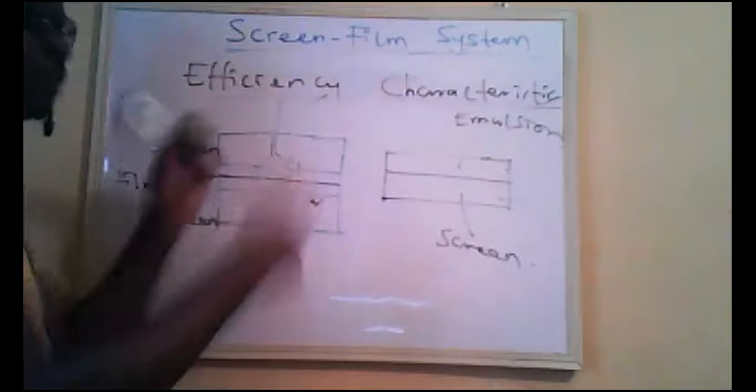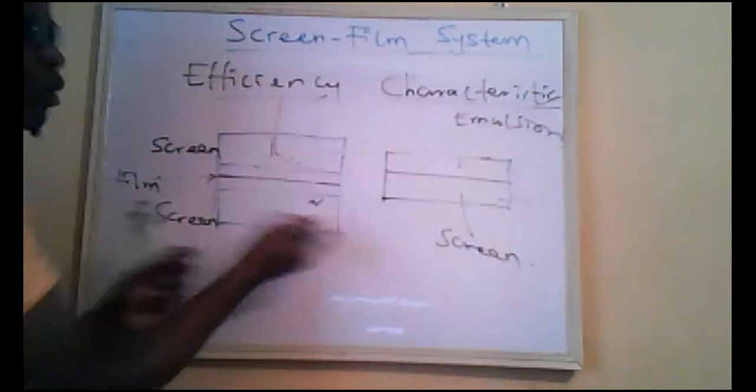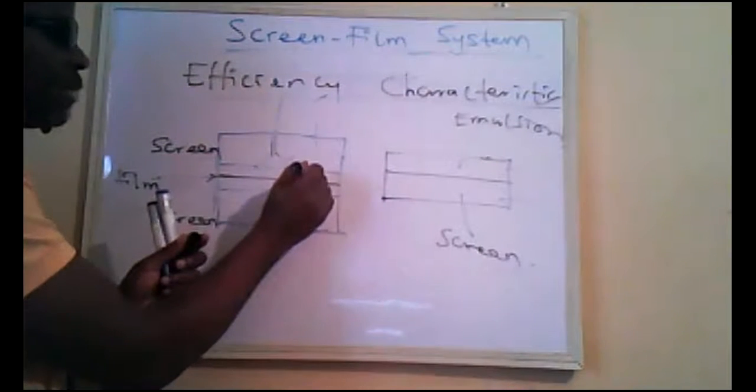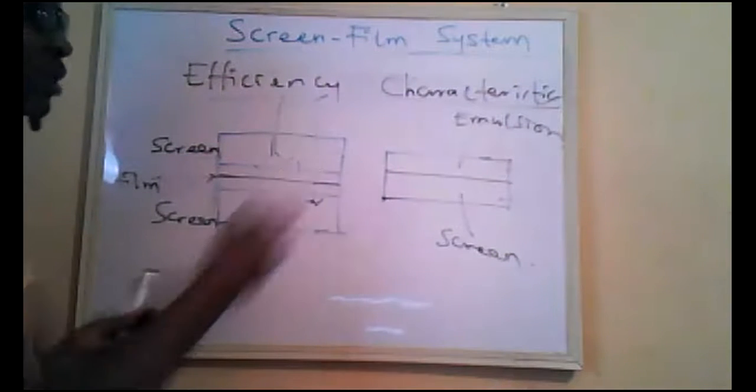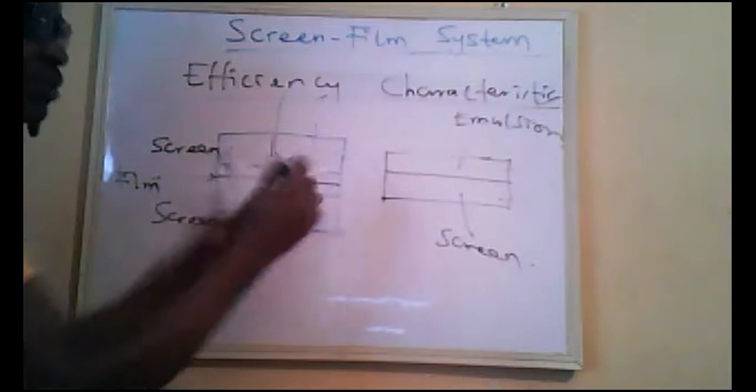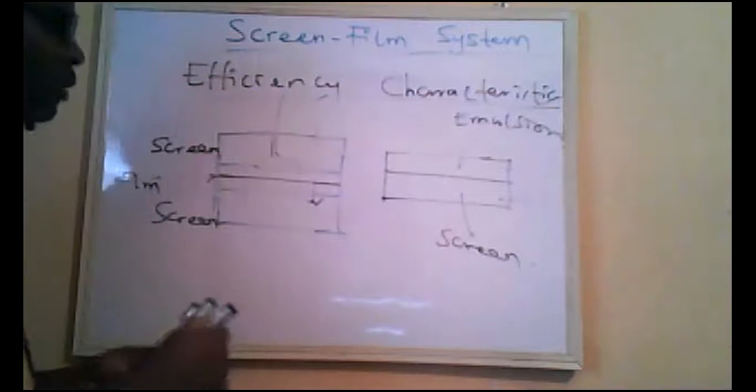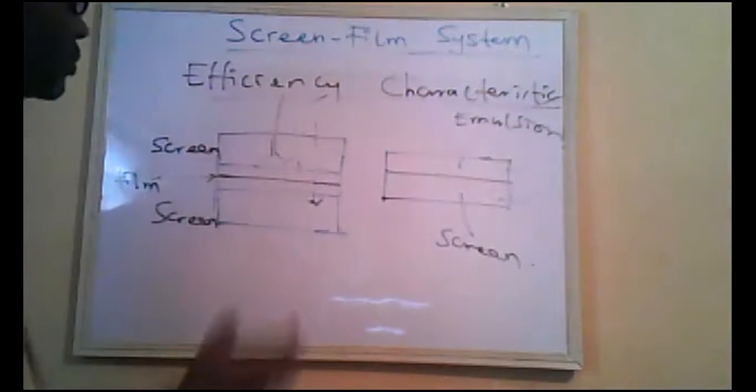The light photons will travel in many directions. The one traveling up will affect the film emulsion that we have here. The film and the emulsion are just one compact system.